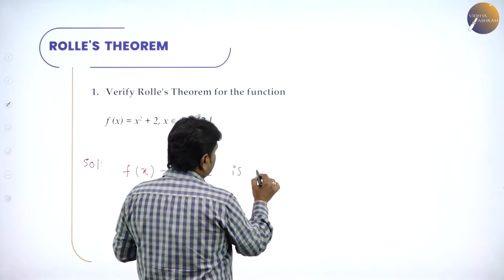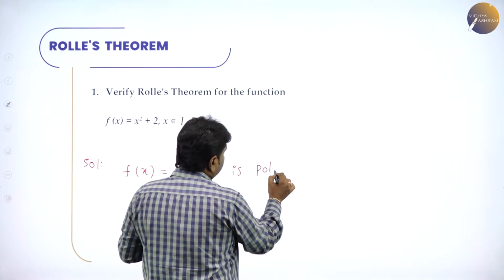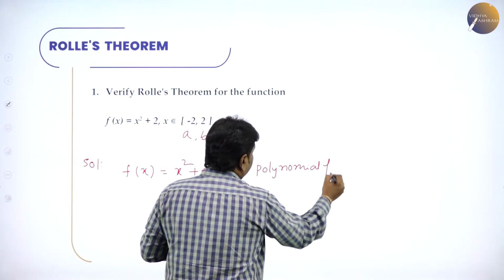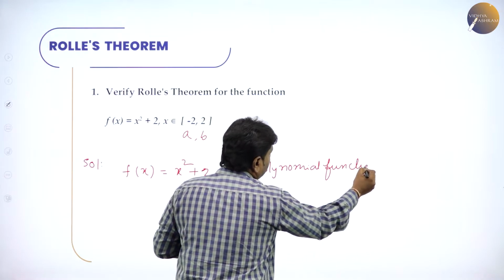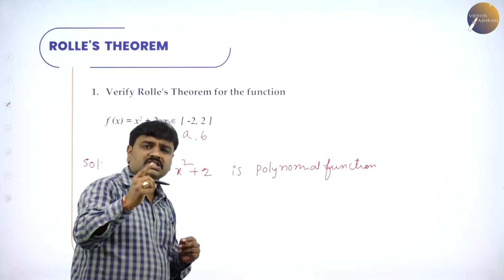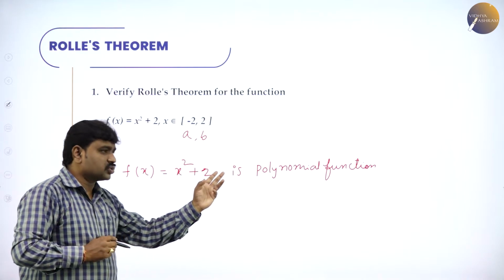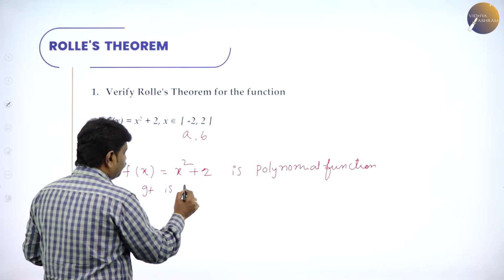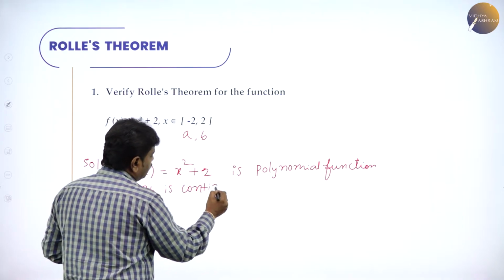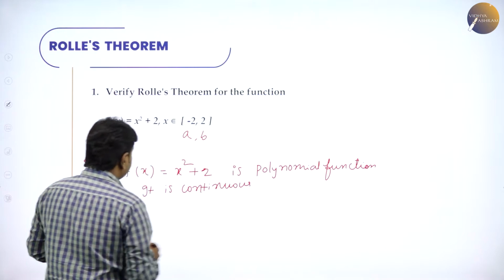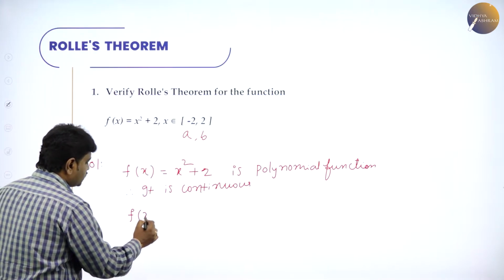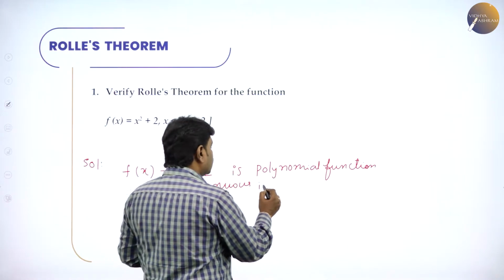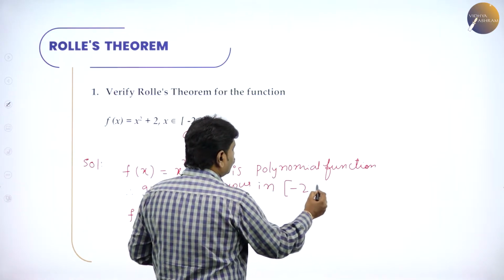F of x is equal to x square plus 2 is a polynomial function, and all polynomial functions are continuous. Therefore, it is continuous. And second, f of x is x square plus 2 and continuous in the closed interval minus 2 to 2.